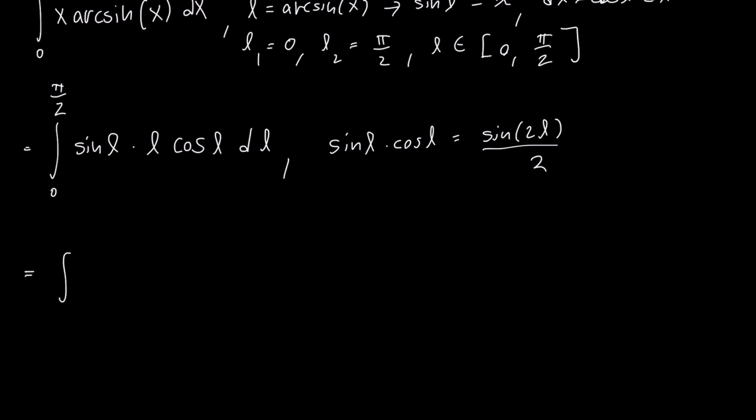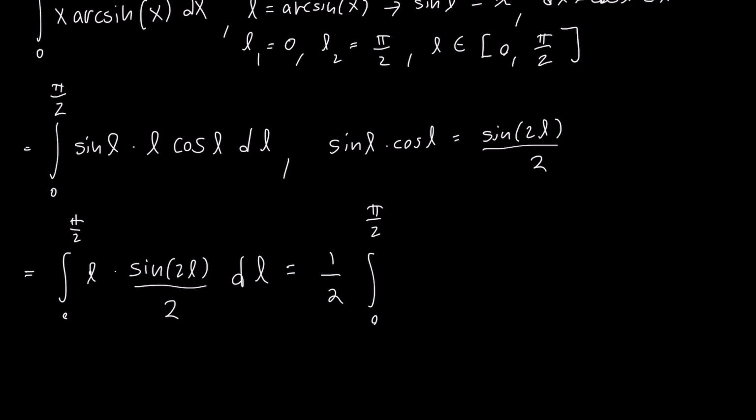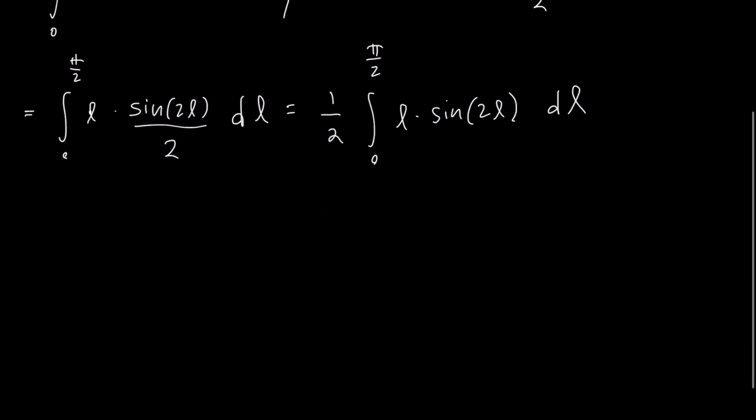So this is just the integral from 0 to pi over 2 of L times the sine of 2L over 2 dL. This is equal to 1/2 the integral from 0 to pi over 2 of L times the sine of 2L dL. And we'll make another substitution.